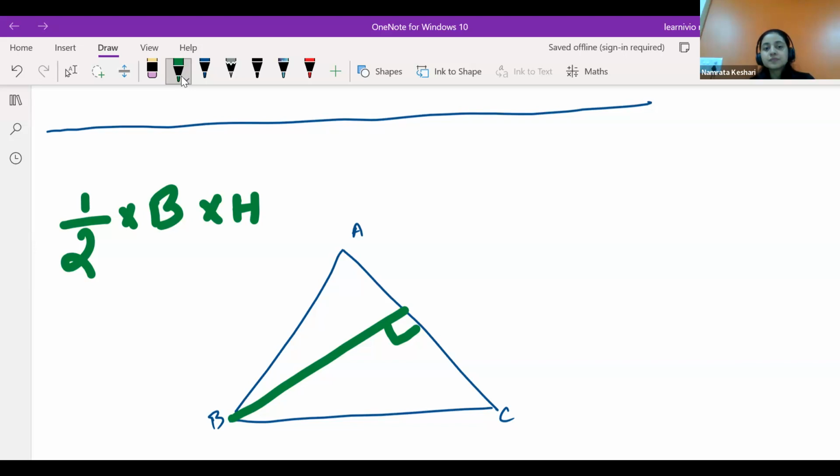Let me name it properly: A, B, C. Tell me, which one is the height? BD is the height, ma'am.